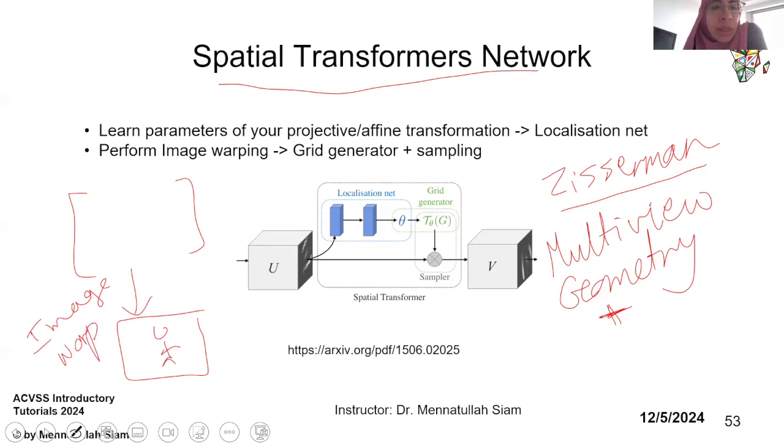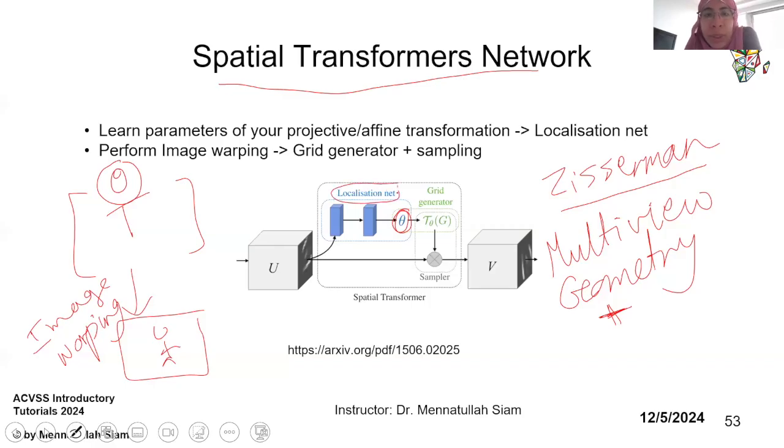In this paper, they proposed a way to learn the parameters of this transformation. So I have this T, which is some transformation. You can estimate the parameters of this transformation, which we call theta.